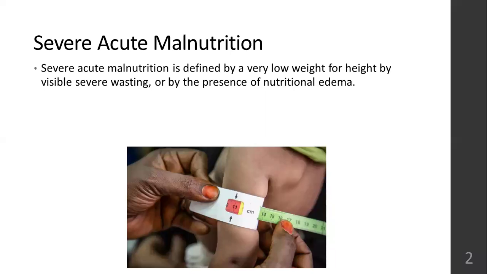Or if the child is slightly older, then the child may have nutritional edema all over the body. Swollen body. So it can go to either of these two extremes, usually based on the age of the child. So that is severe acute malnutrition.